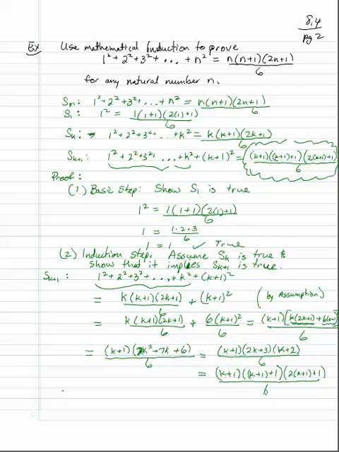So that means that S sub k implies S sub k plus 1, and by mathematical induction, 1 squared plus 2 squared plus 3 squared plus dot dot dot plus n squared equals n times n plus 1 times 2n plus 1 over 6 for any natural number n.